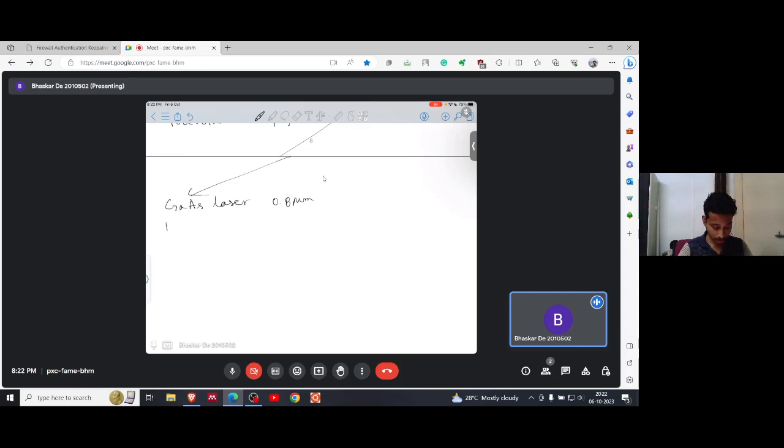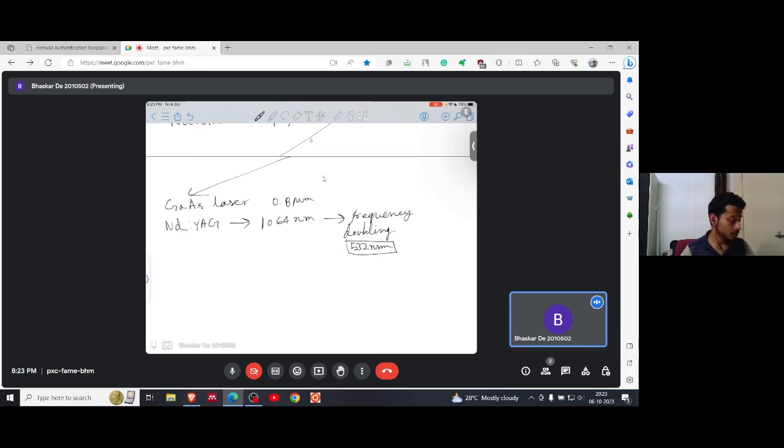So the output of Nd:YAG is 1.064 micrometer, and after frequency doubling we can have 532 nanometer, a wavelength near the peak of the response of the human eye.